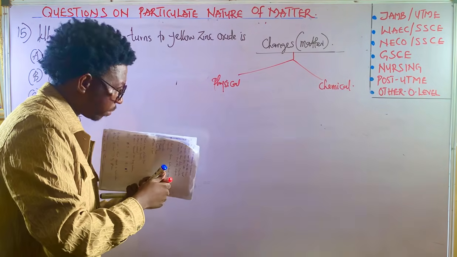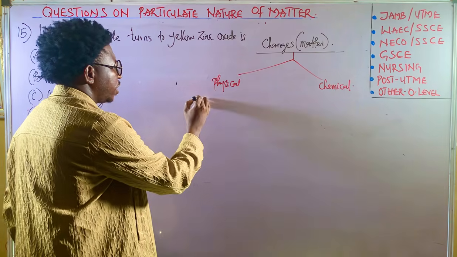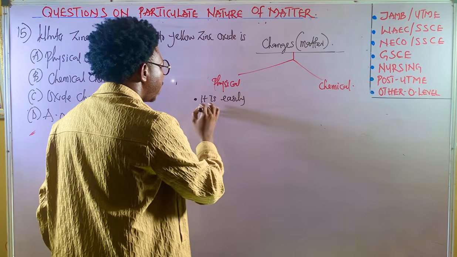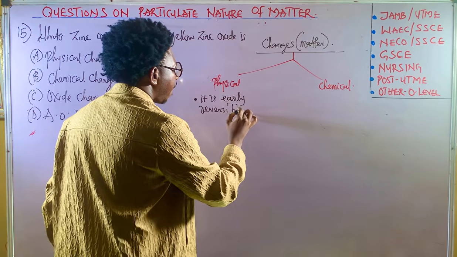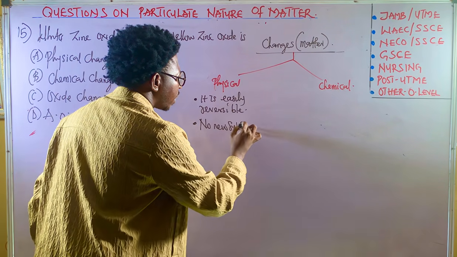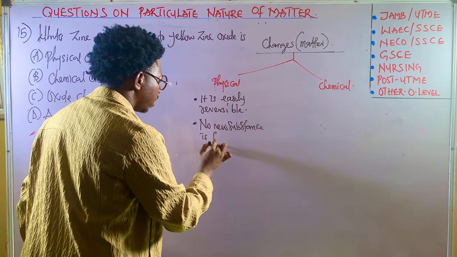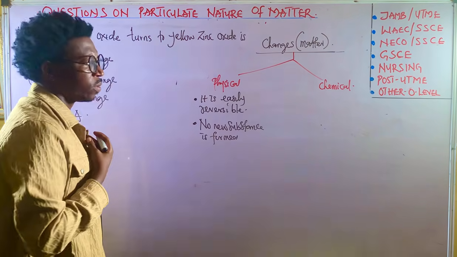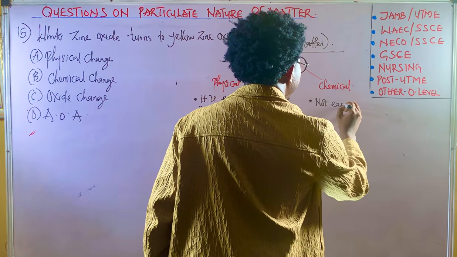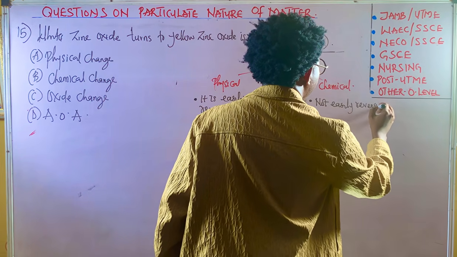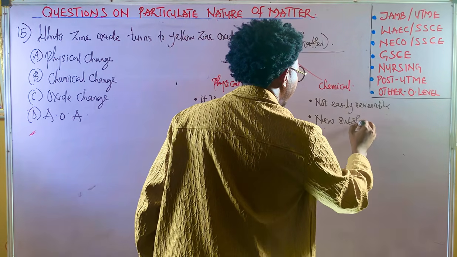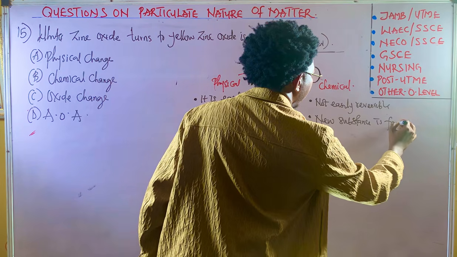So, class, for physical change, it is easily reversible and no new substance is formed. Chemical change is not easily reversible, and a new substance is formed.